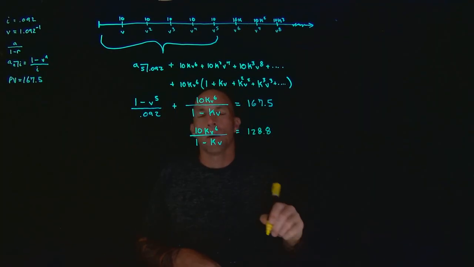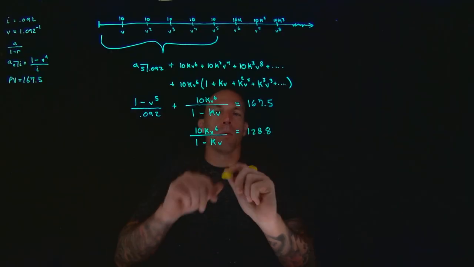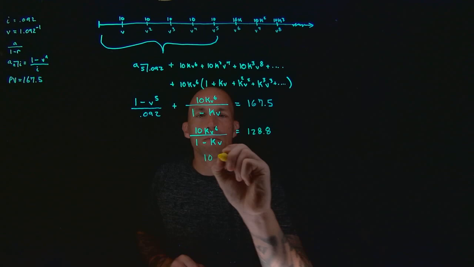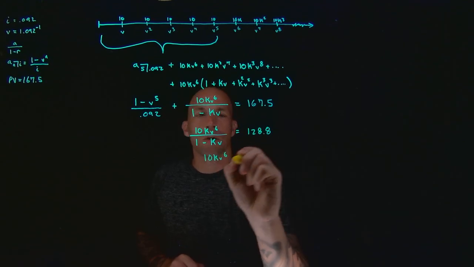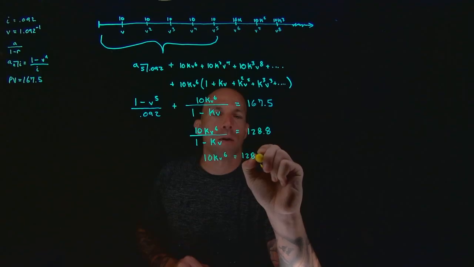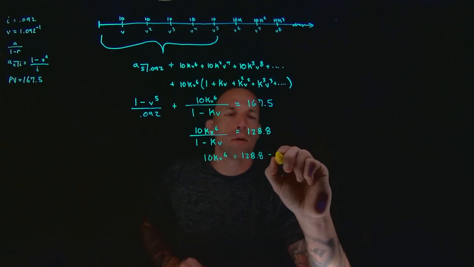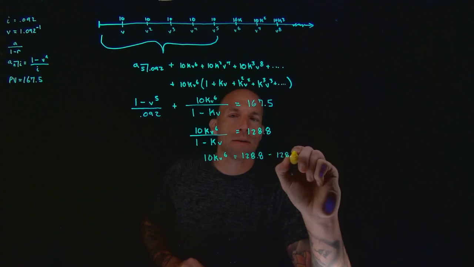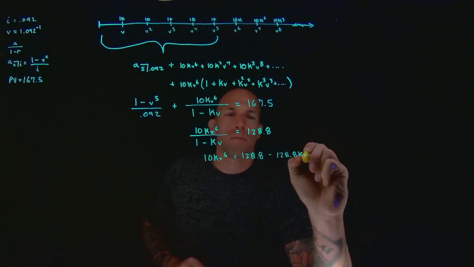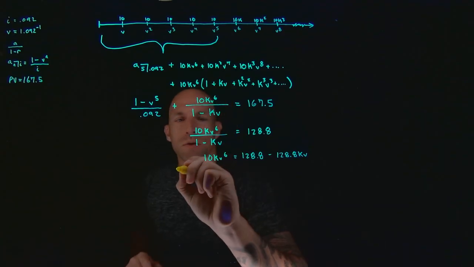128.8. So continuing with the algebra, I'm going to multiply both sides by 1 minus kv. So that will give us, and I'll distribute at the same time as well. Then we get our unknowns all together on the same side.